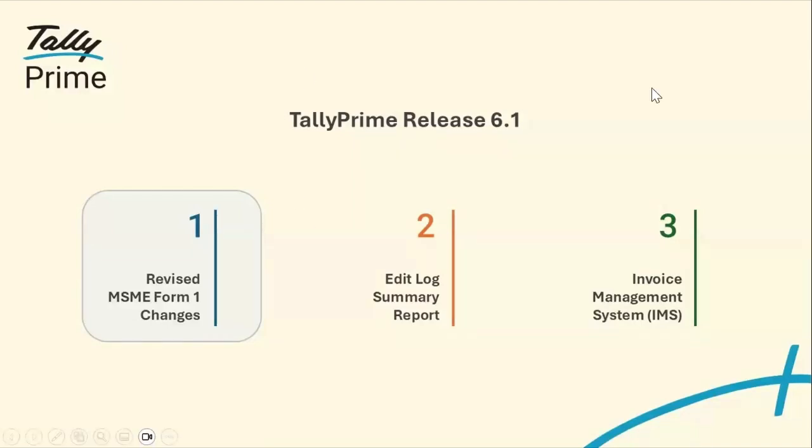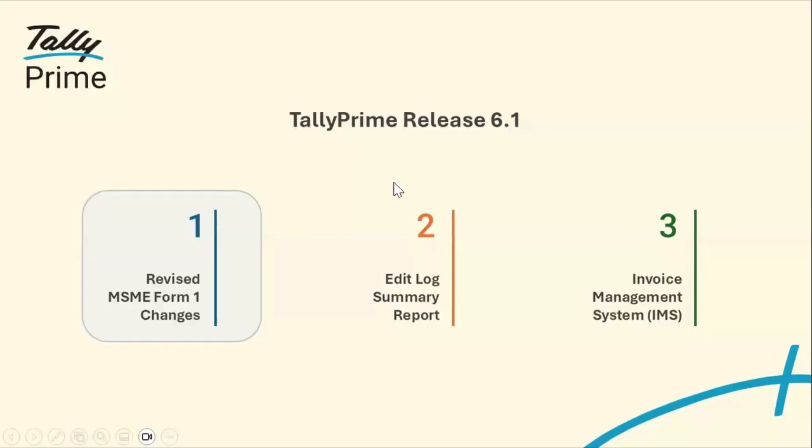Okay, so as stated by Komal, in 6.1 we have three major highlights. But today, due to the time constraint, we'll only cover two. One is the revised MSME Form 1 changes and the other is the edit log summary report.